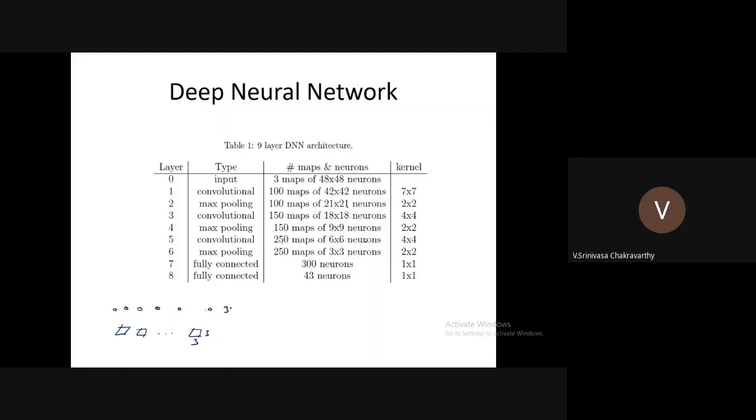So you take 300 neurons here, and every neuron here is connected to every neuron in this feature map, and not only that, in all feature maps. So therefore you have full connectivity, and same story for all neurons. And after that, straight away you go to the 43 neuron output layer. So this is the output, where each neuron corresponds to one class. And from this layer to the output also, it is fully connected, okay, or FC.